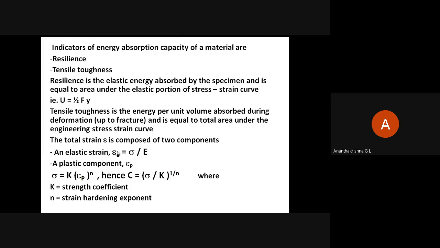So strain is equal to stress by Young's modulus. And for the plastic component, we have epsilon equal to (sigma by K) to the power 1 by n, where K is the strength coefficient, sigma is the stress, and the small n that we have here is the strain hardening exponent.